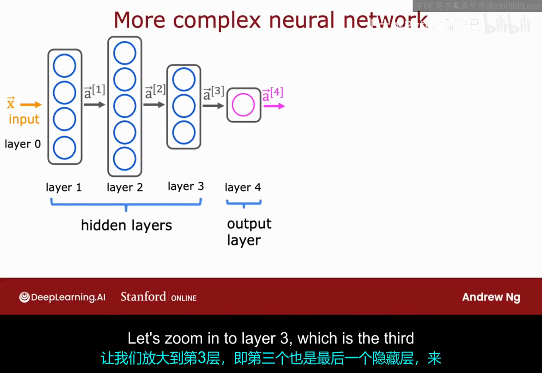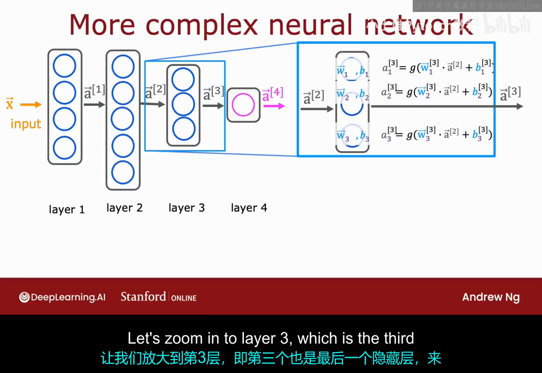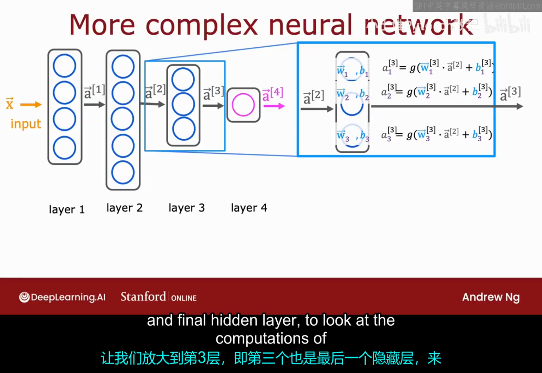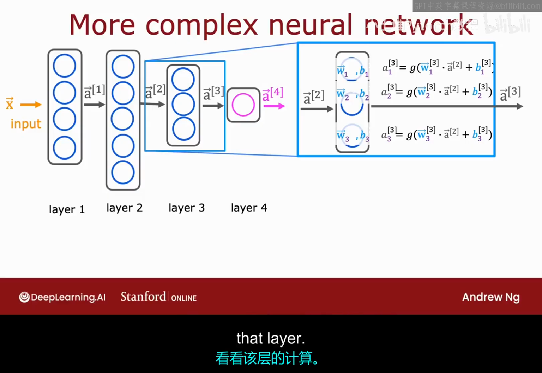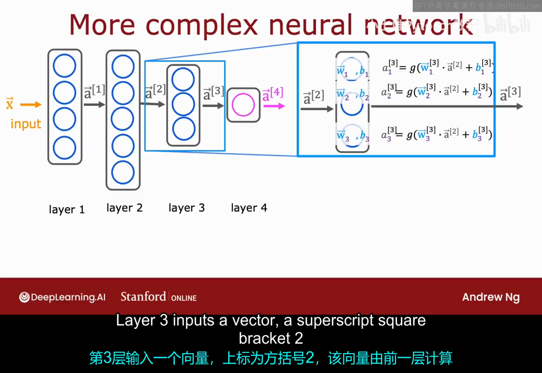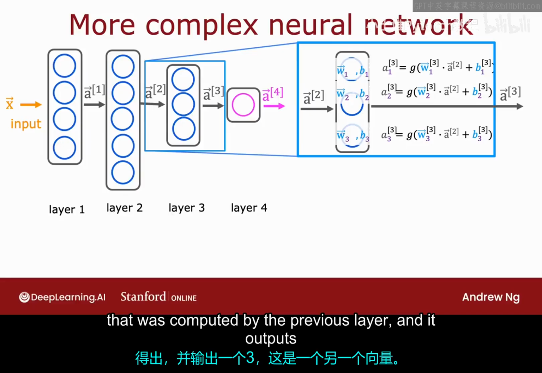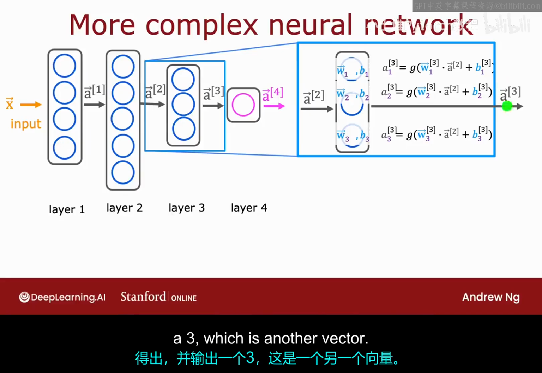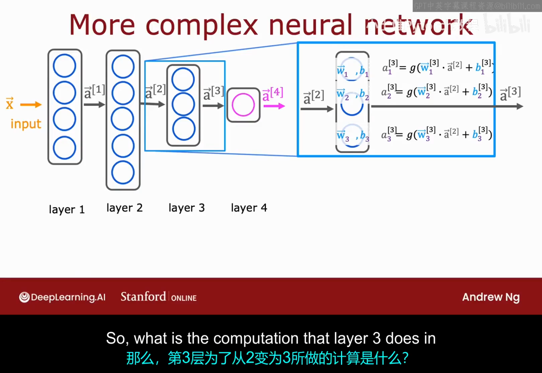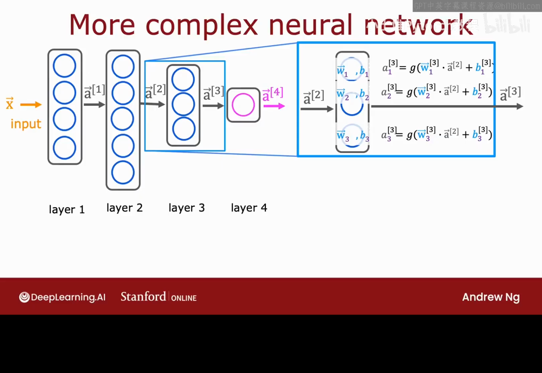Let's zoom in to layer 3, which is the third and final hidden layer, to look at the computations of that layer. Layer 3 inputs a vector, a superscript square bracket 2, that was computed by the previous layer, and it outputs a[3], which is another vector. So what is the computation that layer 3 does in order to go from a[2] to a[3]?